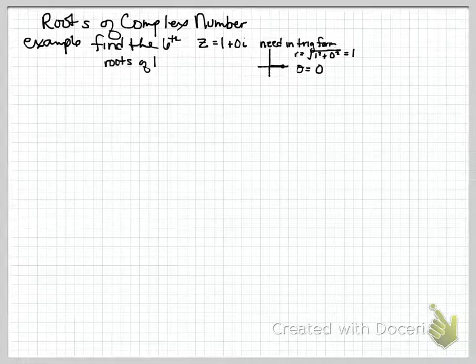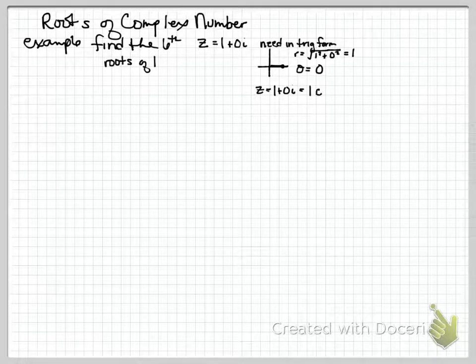So our trig form of z equals 1 plus 0i is 1 cis 0. Or again, you could write it out as 1 times the cosine of 0 plus i sine of 0.